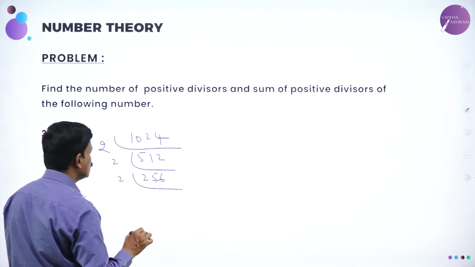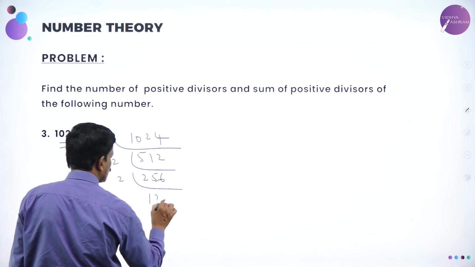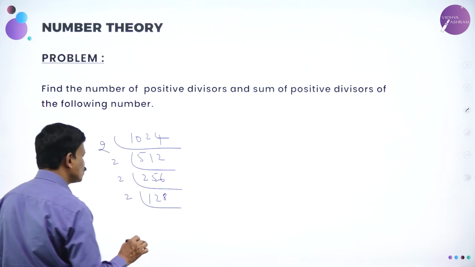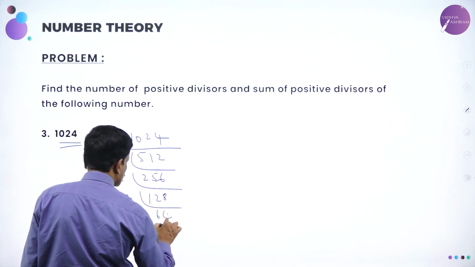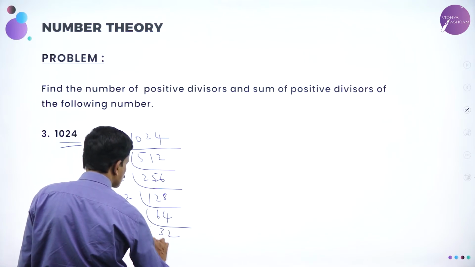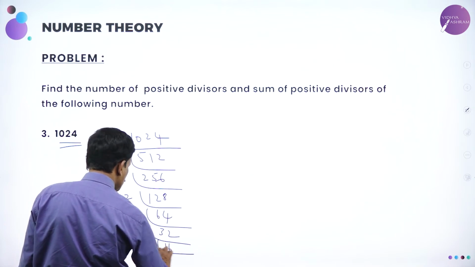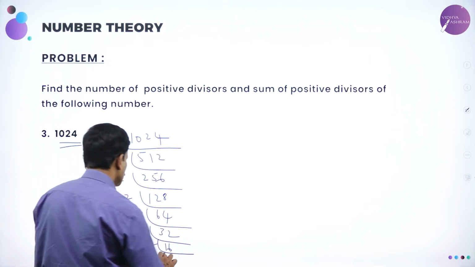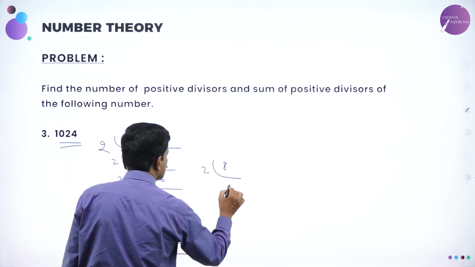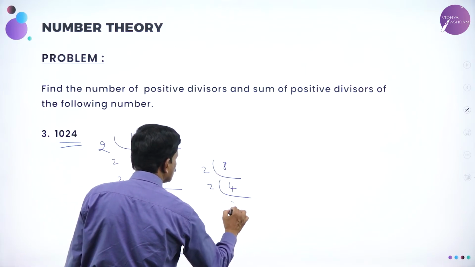Again, 128. Again, 64. Again, 32. Again, 16. Again, 8 can be written as 2 4s, and 4 can be written as 2 2s.